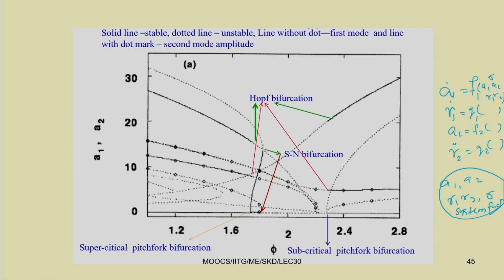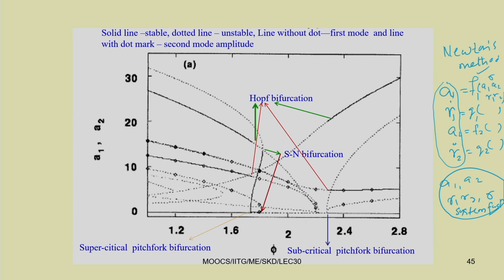By varying the system parameters you get different responses, but how to do this? You have to solve these equations. For steady state, these 4 terms will be equal to 0. So, this will reduce to an algebraic and transcendental equation, and you have to solve it by using Newton's method.